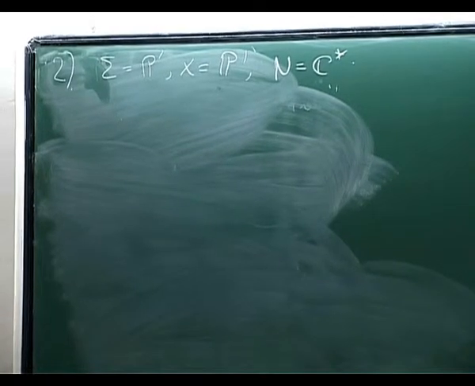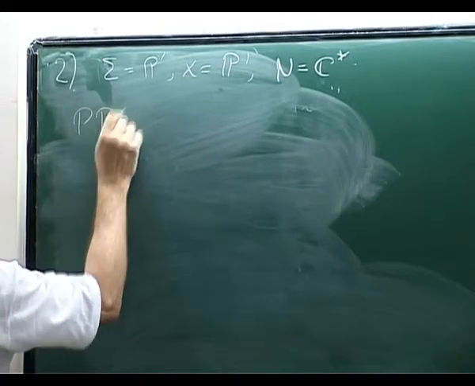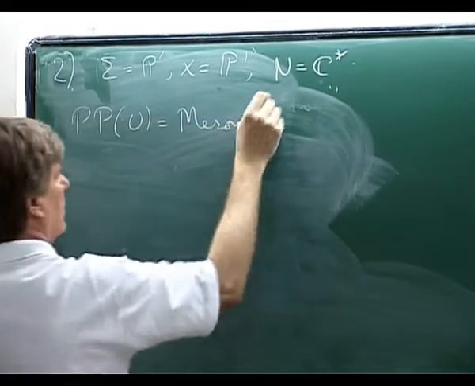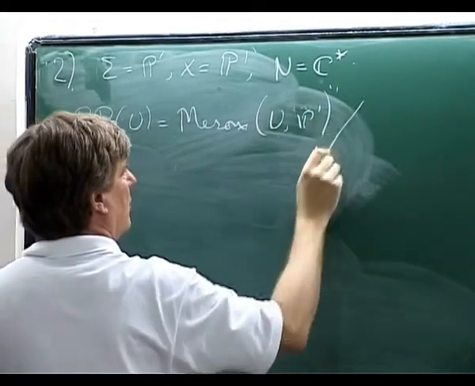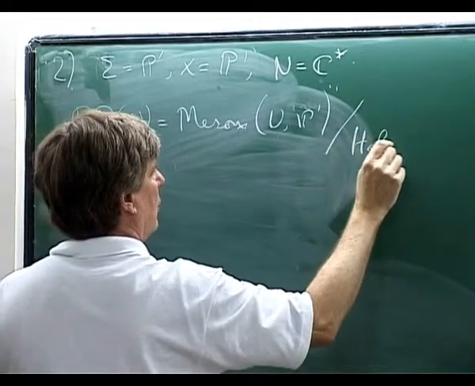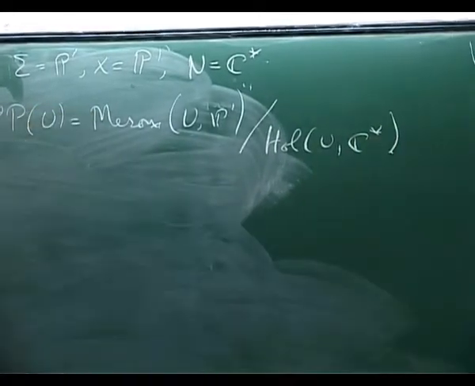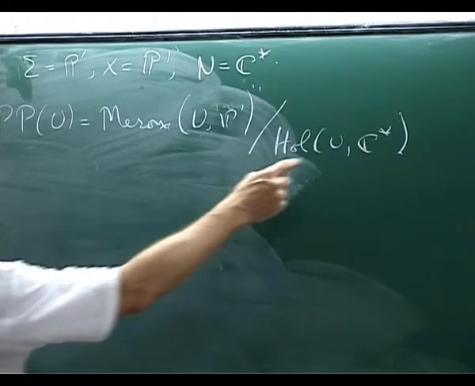Okay, and again, you look at the principal parts of U, which will be the meromorphic functions on U to P1, mod the holomorphic functions on U to C star. And now remember that C star is acting multiplicatively.